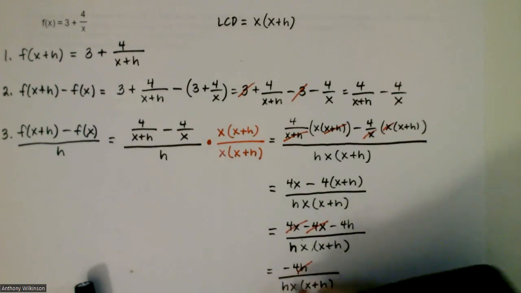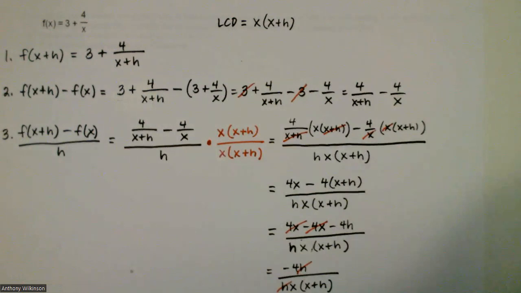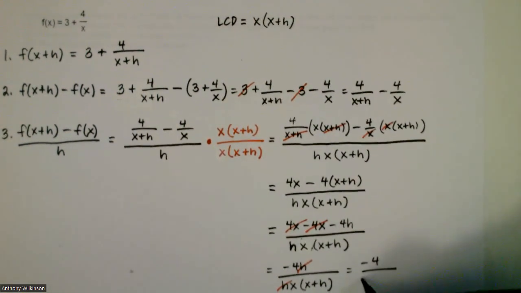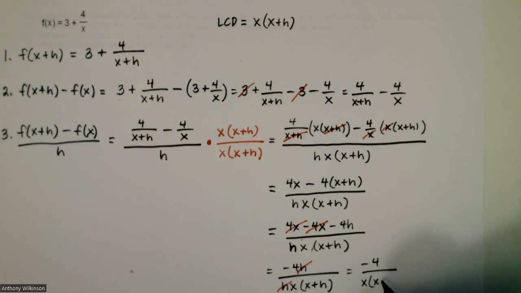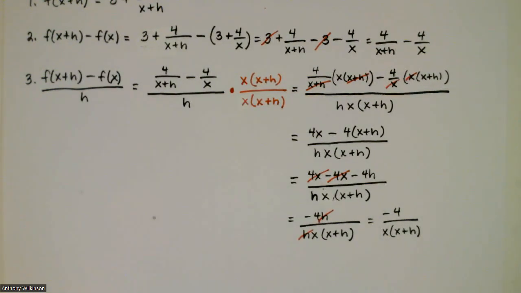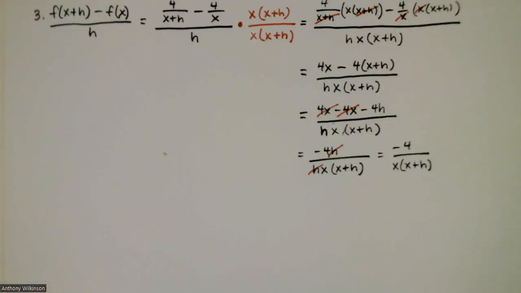Now here, these h's divide out. So I'll end up with negative 4 divided by x times x plus h. And that would be what step 3 will end up being. Then step number 4 is to take the limit as h approaches 0 of that expression.